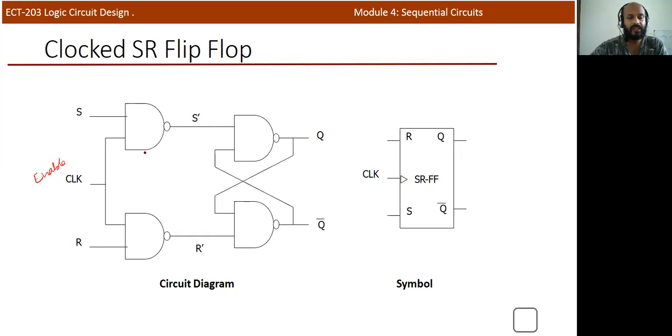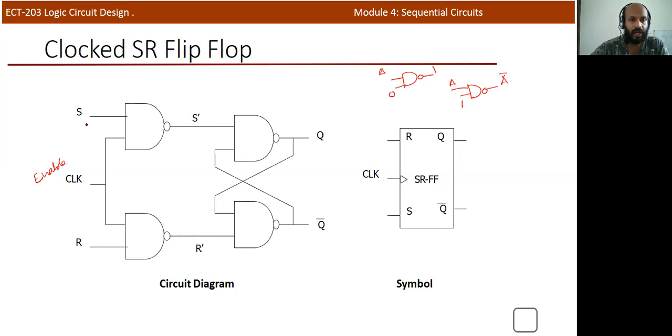So this is a NAND gate. If one input is 0, irrespective of the other input, the output is always 1. If one input is 1, then the output is A bar, the complement.